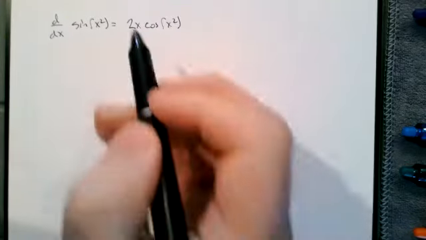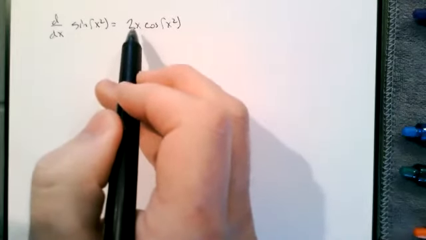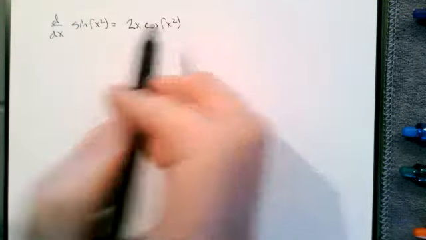We want to look at this 2x. We want to remember that this is the derivative of the inside. That 2x is there because of the chain rule, and it's standing there because it's the derivative of the inside.